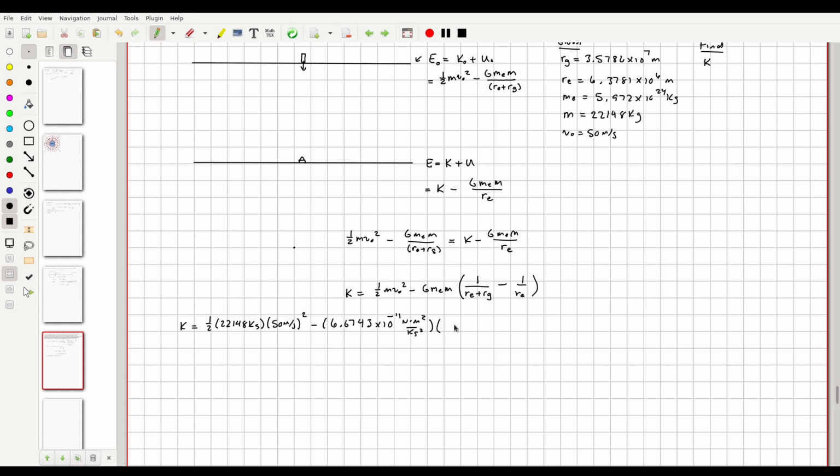Mass of the Earth, 5.972 times 10 to the 24th kilograms. Mass of our crowbar, 22,148 kilograms.